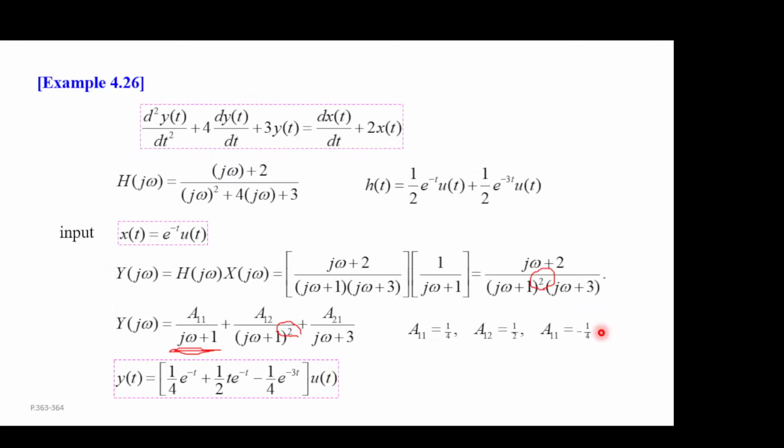So for whatever rational polynomial, you can do this kind of partial fraction expansion, and we know how to do the inverse Fourier transform of all those inverse polynomials. So you can always solve for either a system function or the output of a constant coefficient differential equation. If you want to solve for the output, then your input needs to be a special form to preserve your rational fraction.